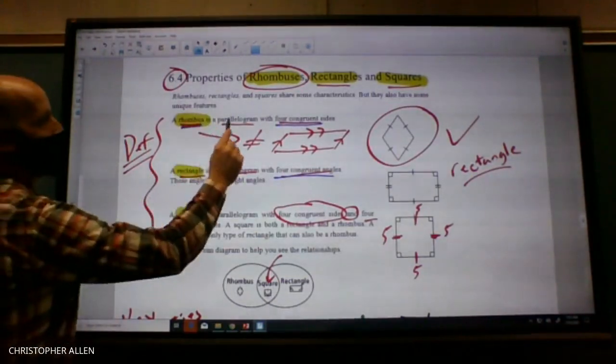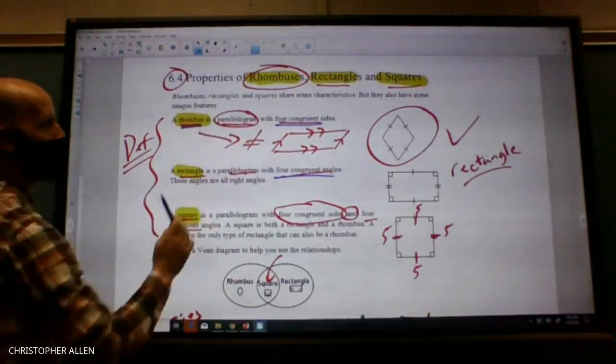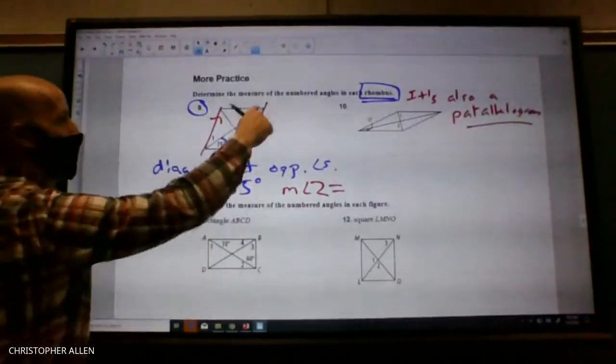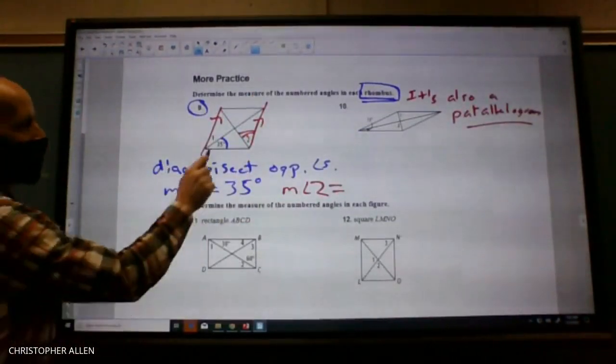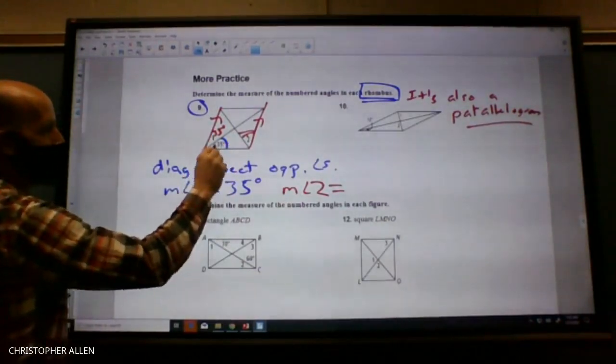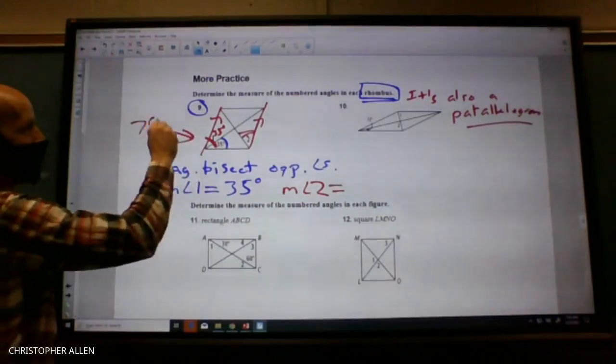Remember, what is a rhombus? A parallelogram with 4 congruent sides. So I know that this side and this side have to be parallel. Now, if this angle is 35 and this angle is 35, together this whole angle is 70 degrees, right?